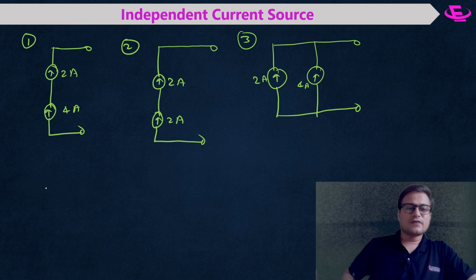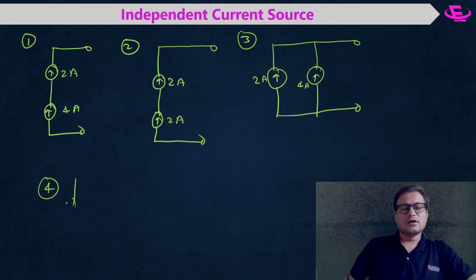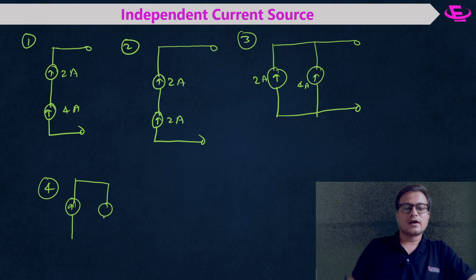And the fourth case is parallel current sources with the same value of current, 2 ampere and 2 ampere.